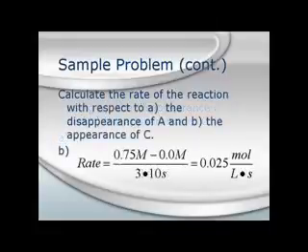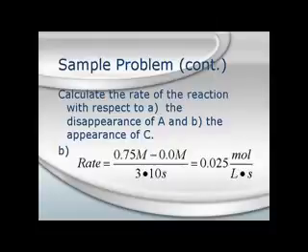We've already calculated this rate of reaction based on the disappearance of A. We're going to go ahead and calculate it based on the appearance of C. So here our rate is equal to the change in concentration of C, which is 0.75 moles per liter minus its beginning concentration of 0 moles per liter, divided by its stoichiometric coefficient of 3 from the balanced equation, times the 10-second time increment.